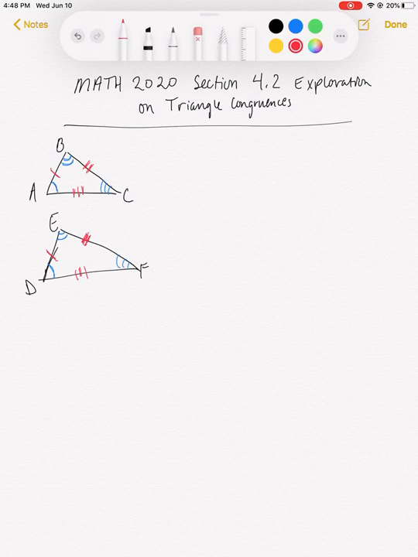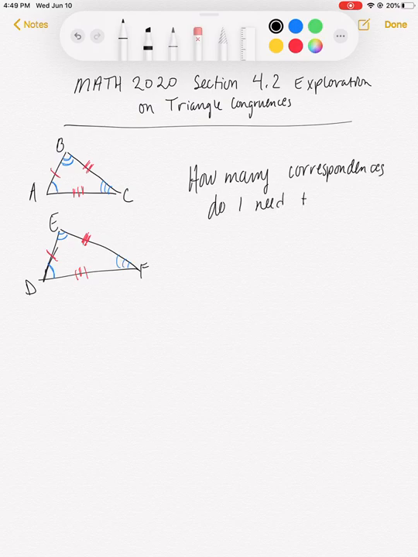If I do not show that 2 correspondences are equal, would the other 4 force the other 2 to be equal? And so on. So our question is, how many correspondences do I need to make to show that the triangles are congruent?